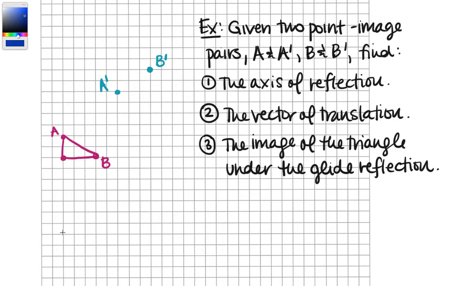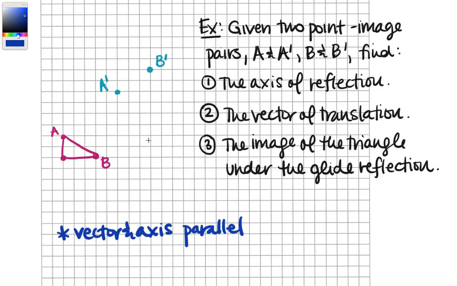So one thing that we're going to use is the fact that the vector and the axis are parallel. So we can sort of see, well, to be reflected this way, it seems like maybe A had to come over here and then get reflected up. And that would work with B as well. B could come over here and get reflected up.